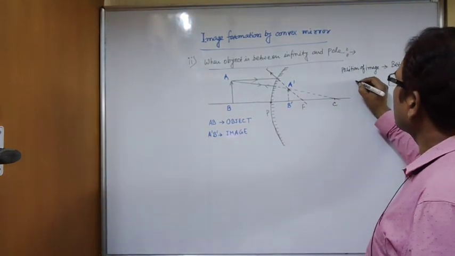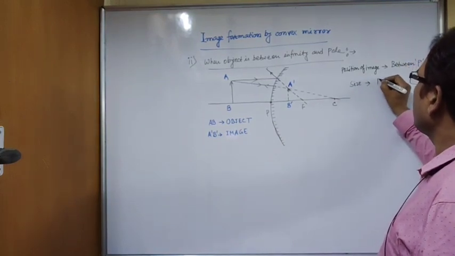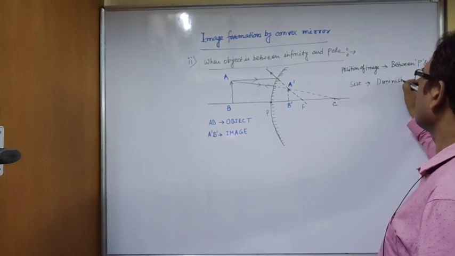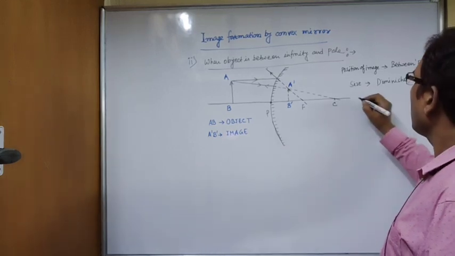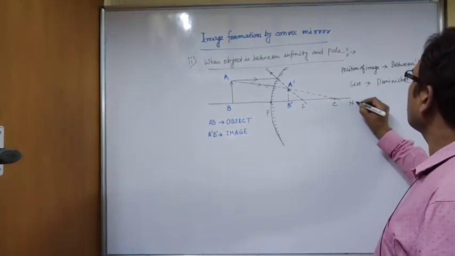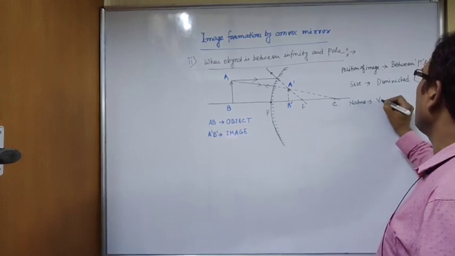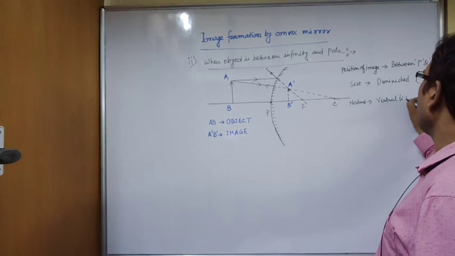Then size, we will write diminished or smaller than the object, and nature of image is virtual and erect.